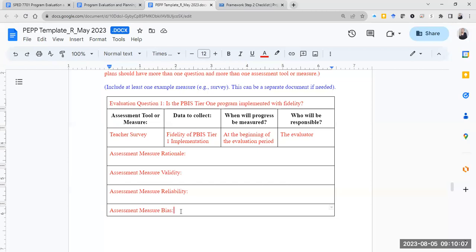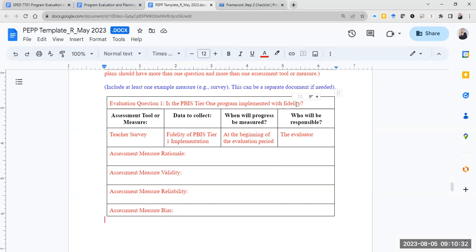Okay, so again, you're going to have probably multiple questions. This is just an example. If I were to have used the same question, but have a different assessment tool, I'm going to start a new survey and talk about, okay, now I want to do observation, or now I want to do interview, but I still just have this one question. All right, so maybe you have more than one question.